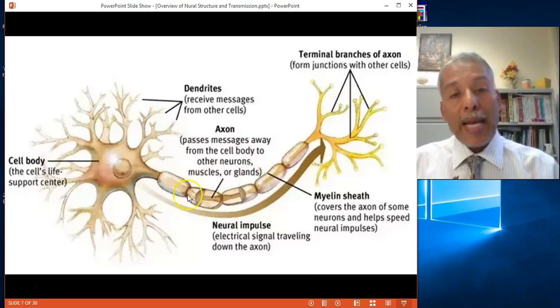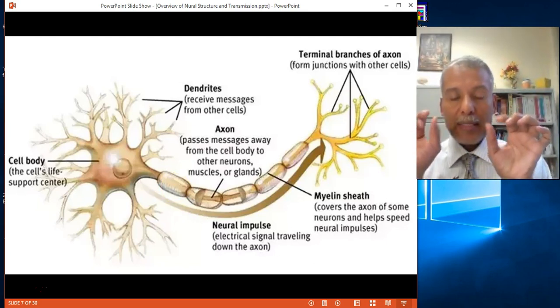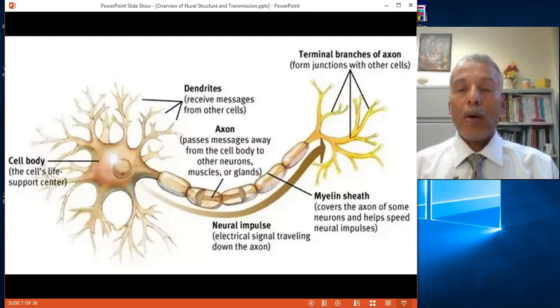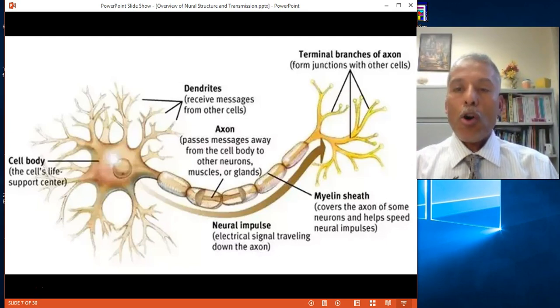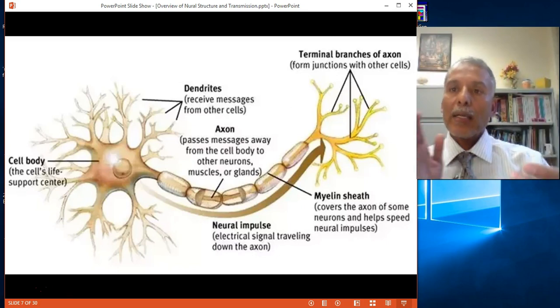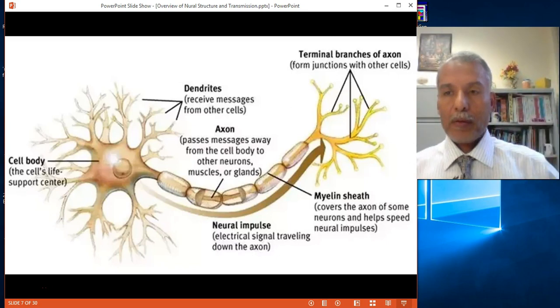So now we see the axon, and the axon has little segments of myelin that are made out of either oligodendrocyte cells, if this is a central nervous system neuron, or Schwann cells, if that is a peripheral nervous system neuron, out of the cranial nerves and the spinal nerves.